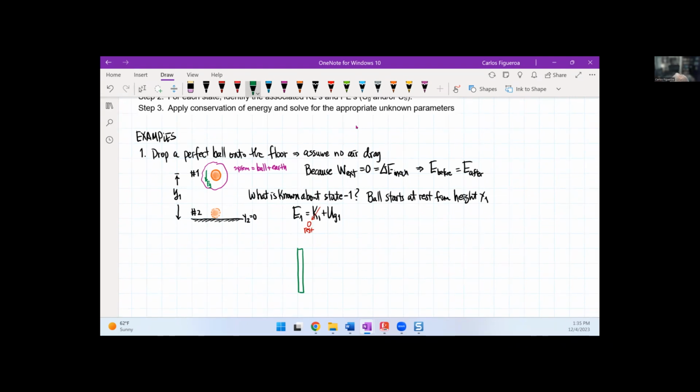My energy 1 is completely gravitational potential energy. And since I can't create or destroy energy, this energy is a fixed quantity. It is a constant no matter what.